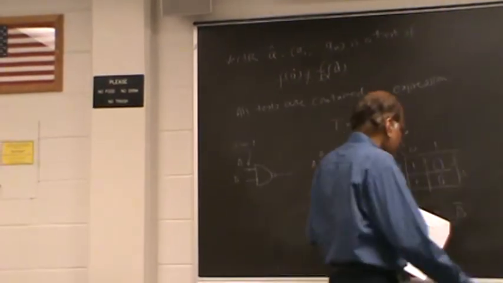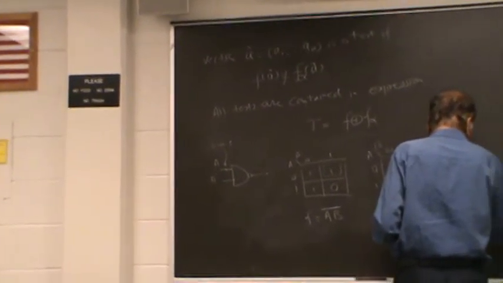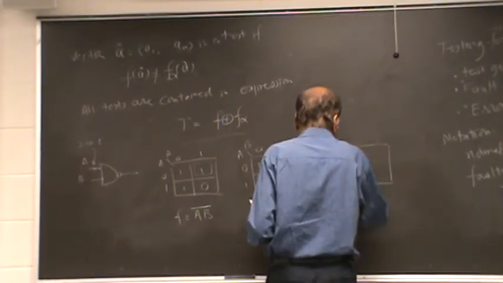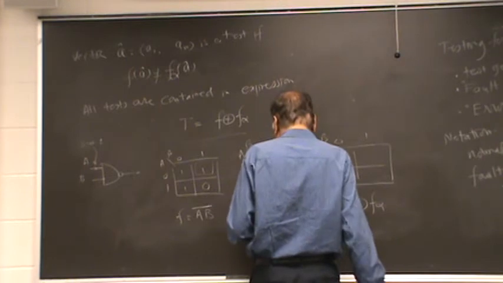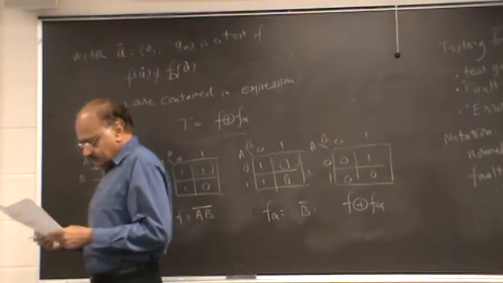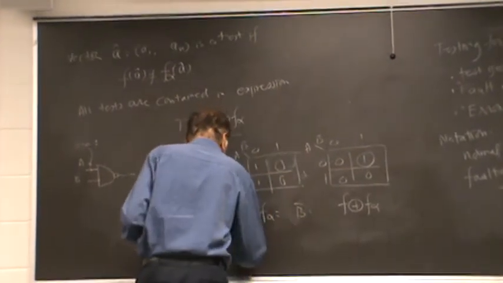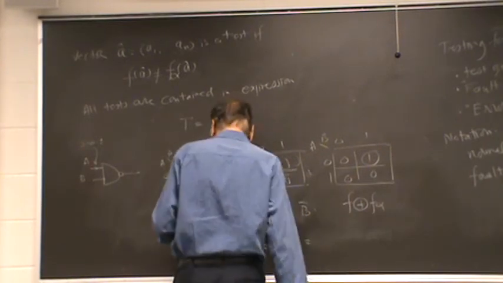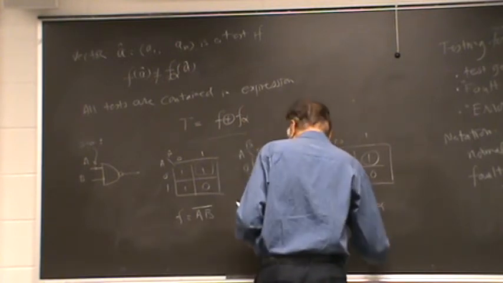So the test is, and in fact you could do that, F exclusive or F alpha would be this. And thus T, which is equal to A bar B, which we can also write as 0, 1, is a test, is the only test.